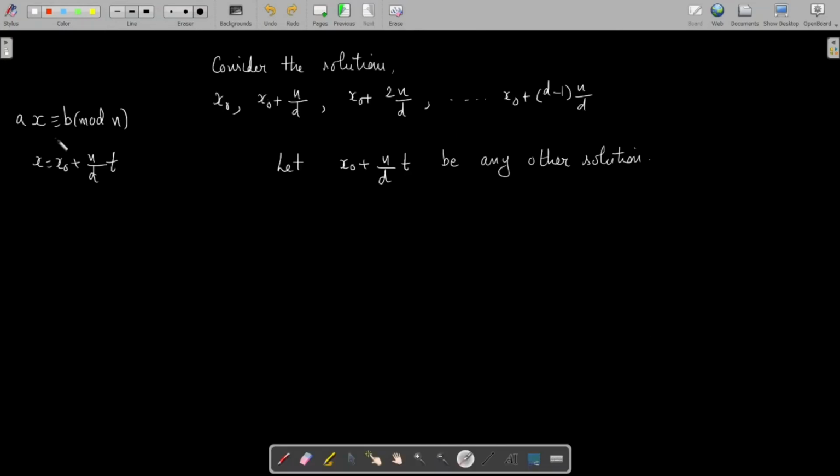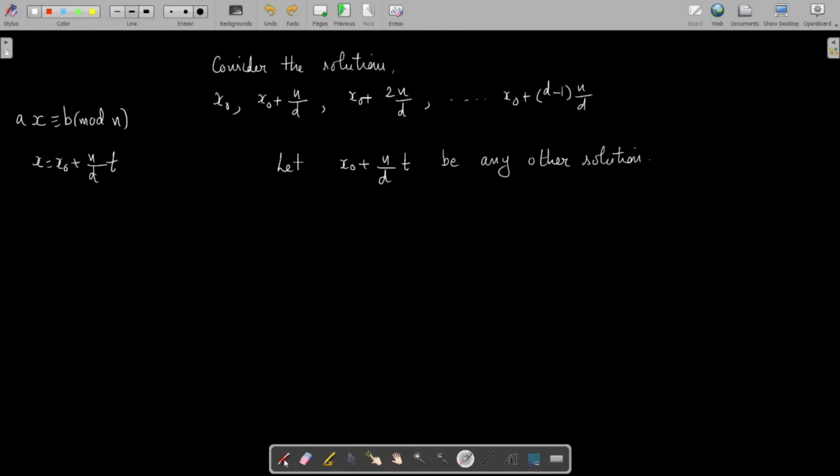So we proved that given the linear congruence Ax congruent to b mod n, we have the solutions x0, x0 plus n by d, x0 plus 2n by d, etc., x0 plus d minus 1 into n by d, which are mutually incongruent modulo n. That is, the difference of any two solutions will not be a multiple of n.